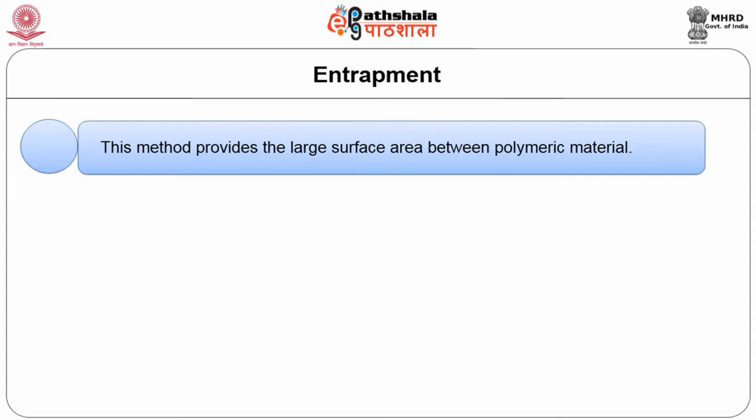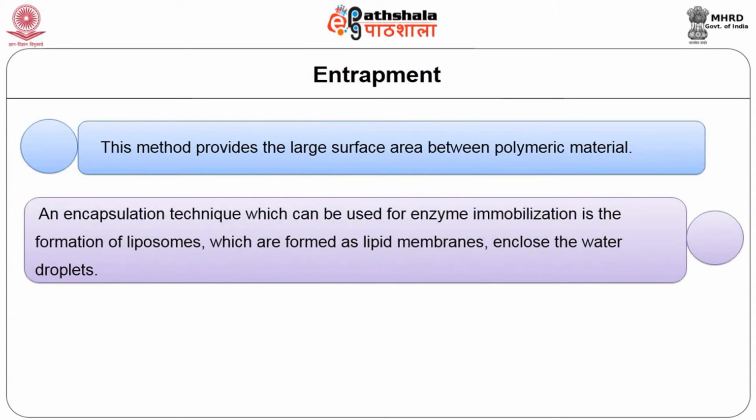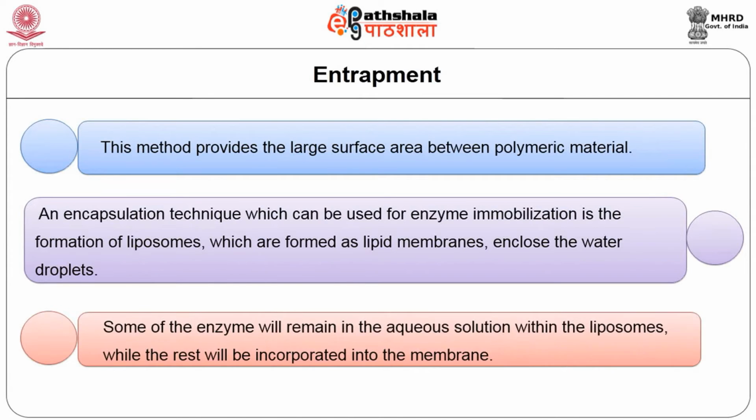The drawback of this method is inactivation of enzyme during encapsulation. An encapsulation technique which can be used for enzyme immobilization is the formation of liposomes, which are formed as lipid membranes enclosing water droplets. Some of the enzyme will remain in the aqueous solution within the liposomes, while the rest will be incorporated into the membrane.